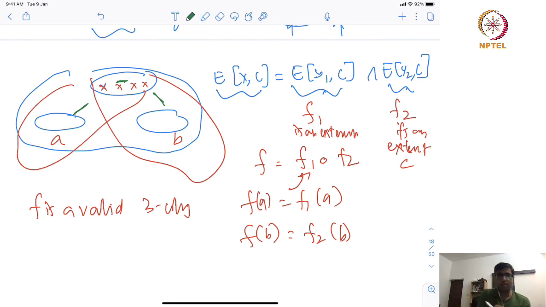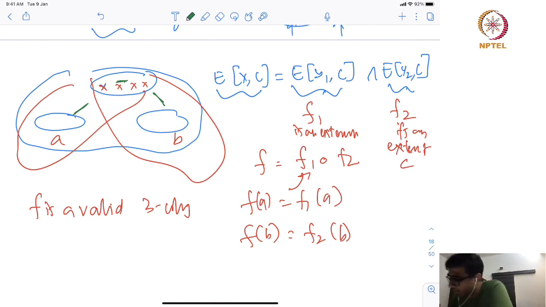If F does not assign the correct color, the constraint would also be violated in F2, but that doesn't happen, since we are just following F2. So given a valid 3-coloring for the left-hand side and a valid 3-coloring of the right-hand side, we can get a valid 3-coloring for the whole graph.